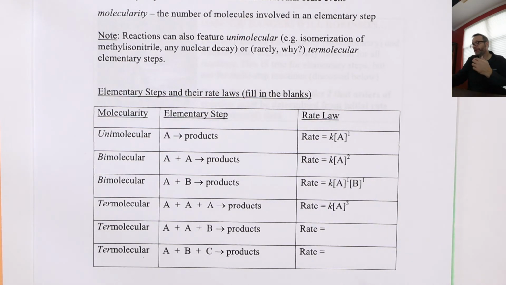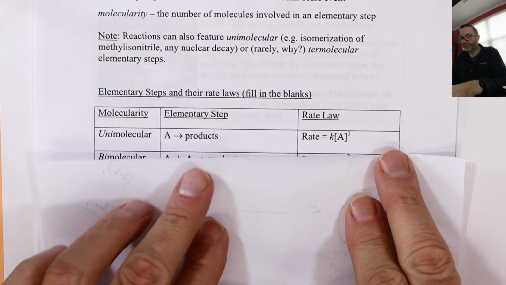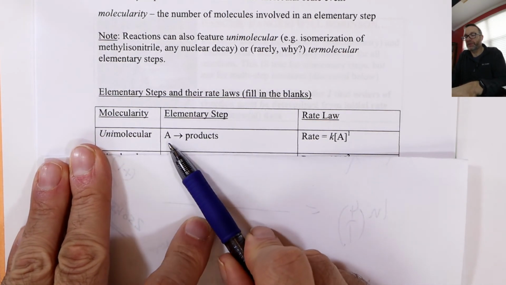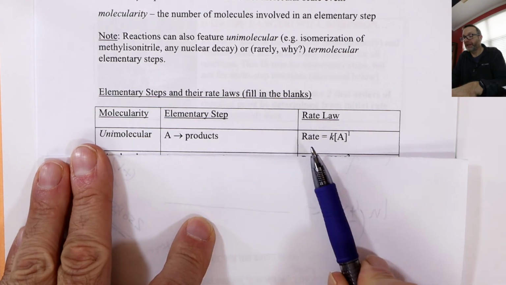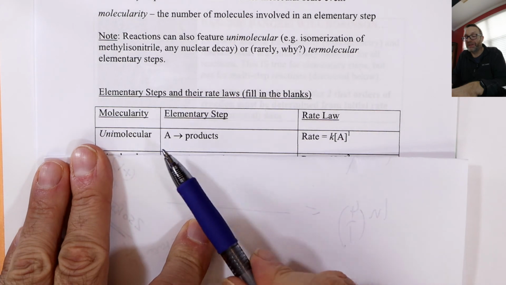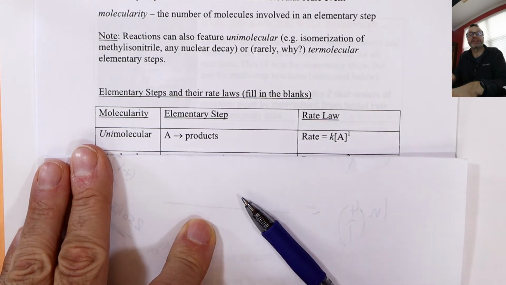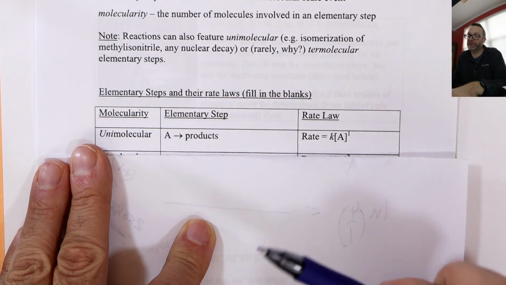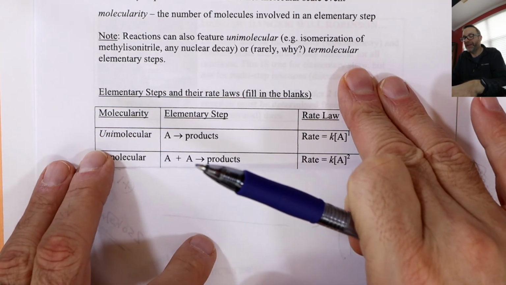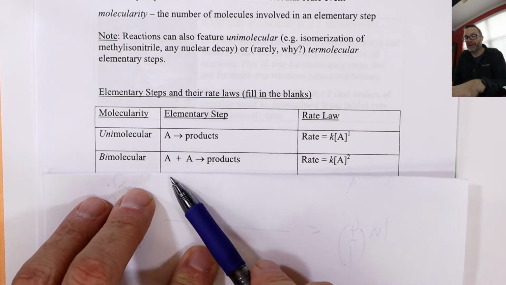So let's look here. Creative origami again, right? So, unimolecular, so just one thing falls apart, right? The rate equals k[A] to the first power, interesting. This is what I want to take you away. I've got one thing and it's an A over here. I've got A to the first power here. If that's a single elementary step, watch what happens. If I have A bumps into A to make products, whatever that product is, I got two A's, right?